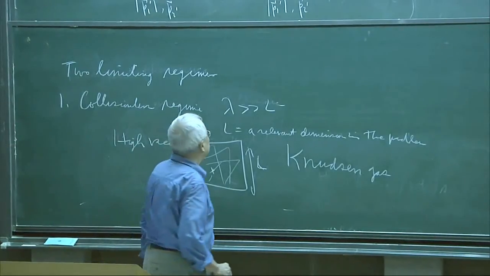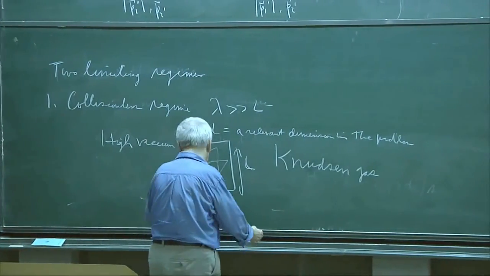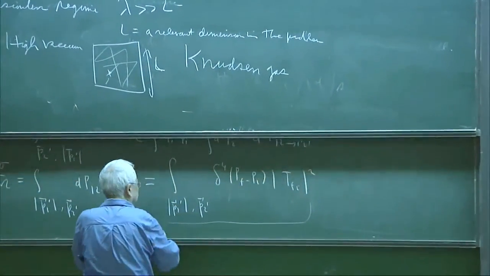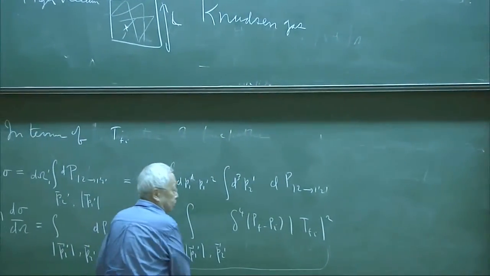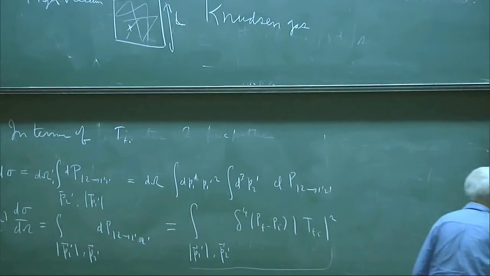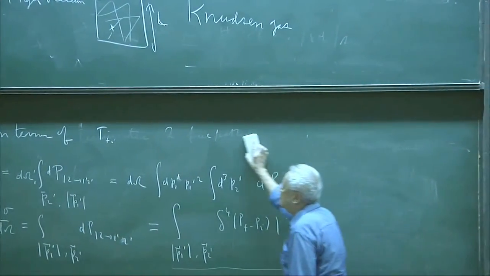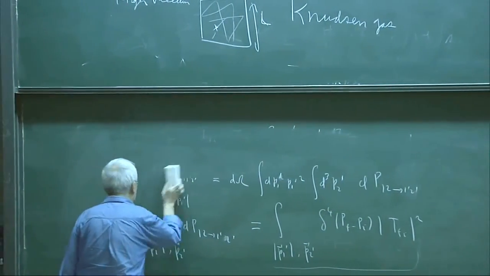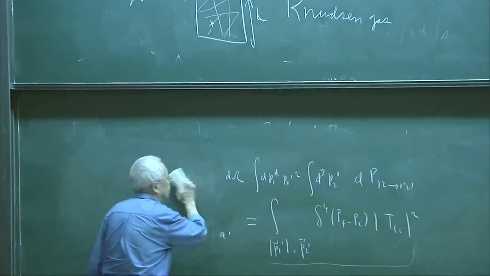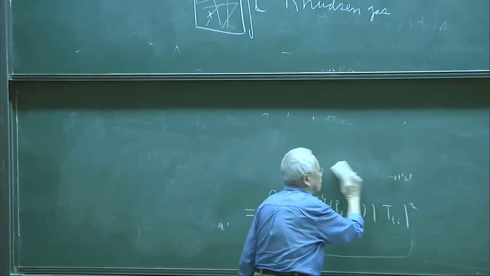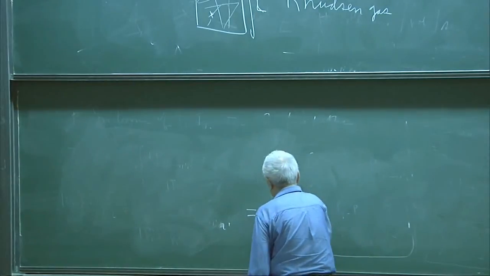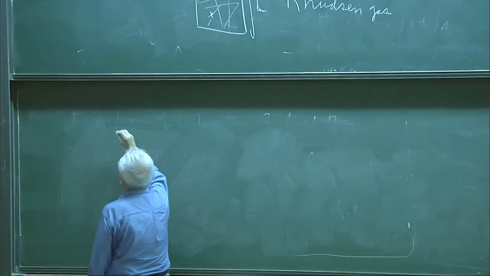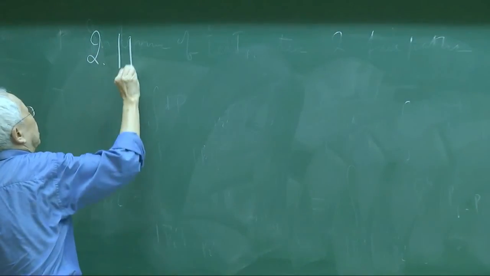The other side of the coin, the second process, is the other extreme in which the mean free path is very small. So the second regime is called the hydrodynamic regime.